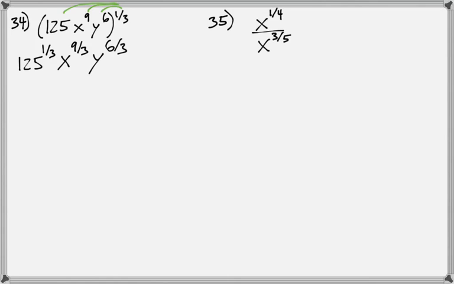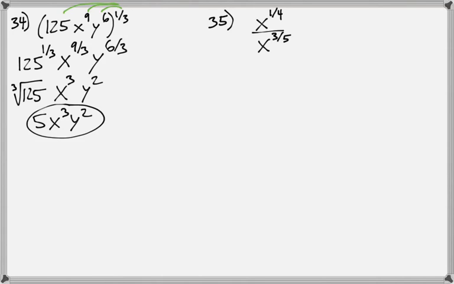So 125 to the 1/3, that's the same thing as saying the cubed root of 125. The x will reduce to x to the 3, the y will reduce to y squared, and then the cubed root of 125 is 5. So that's going to be my final answer.